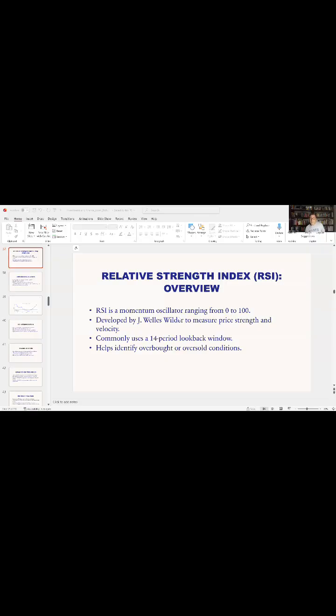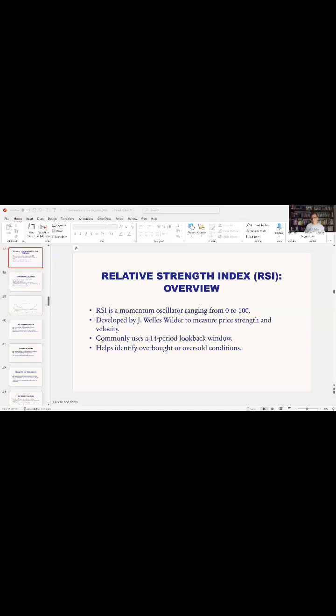Again, it's a look back period indicator, meaning that it's calculated based on looking at changes that have happened over so many day periods. Normally you use a 14-day look back period for this indicator. It can be less than that, it can be greater than that, and depending on what you're trying to do, how much you're trying to predict into the future, that really drives what the look back period is going to be.